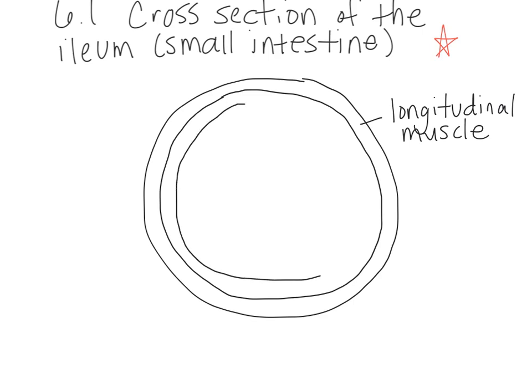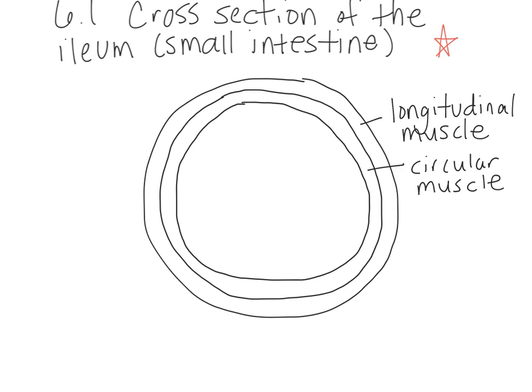The next layer, we're going to see a different muscle layer, and this is the circular muscle. This muscle squeezes the small intestine. It works in conjunction with the longitudinal muscle to both squeeze the food and move the food down through the small intestine.